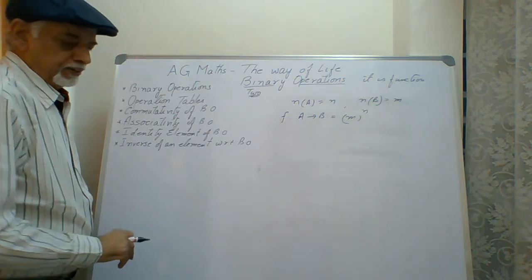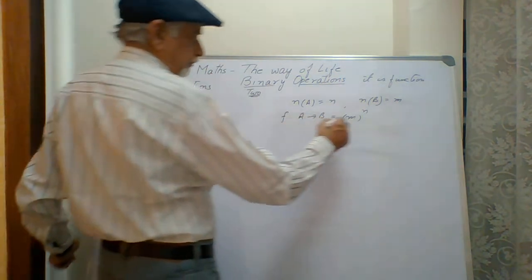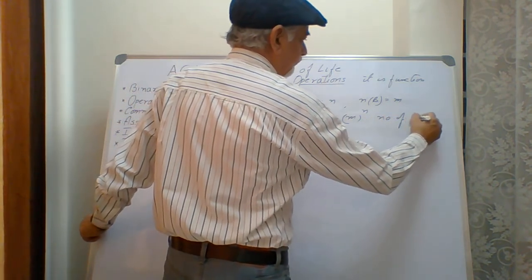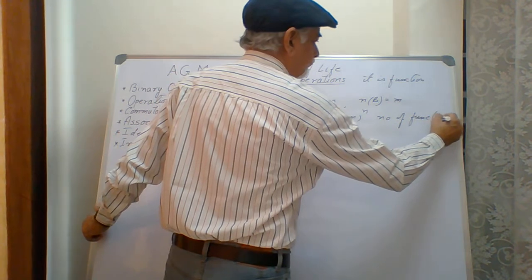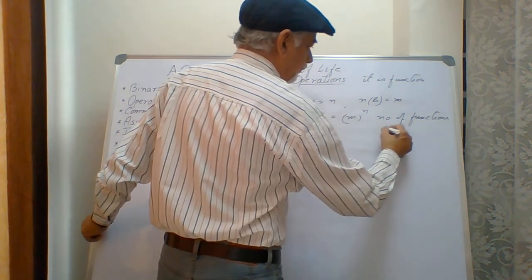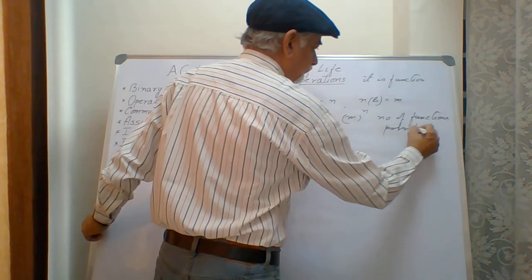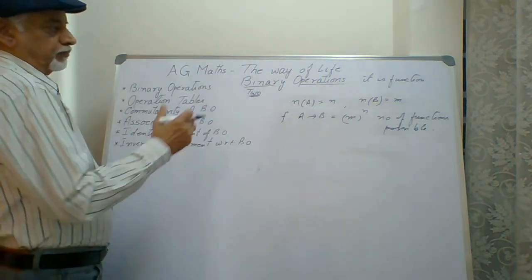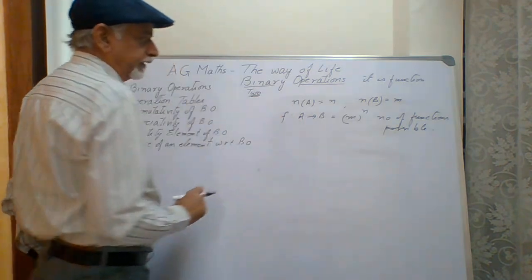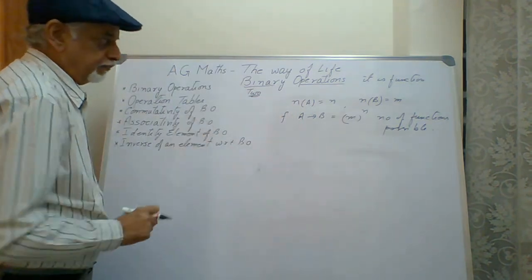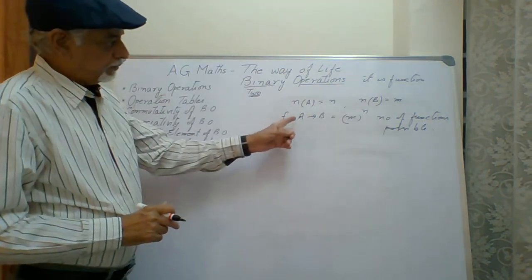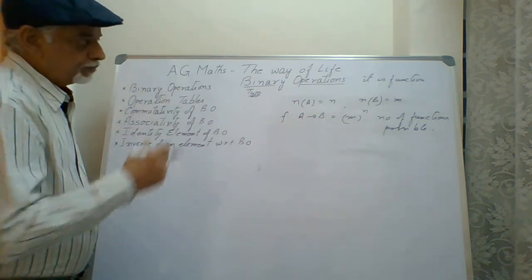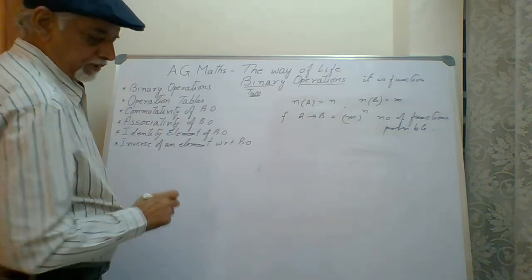This is the number of functions possible. So if somebody asks you how many functions there are if the cardinal number of set A is n and set B is m, then if the function is a relation from A to B, there will be m raised to the power n functions.